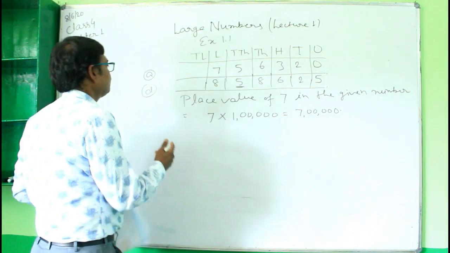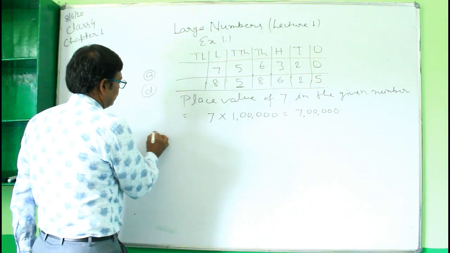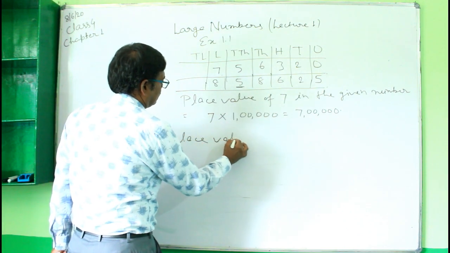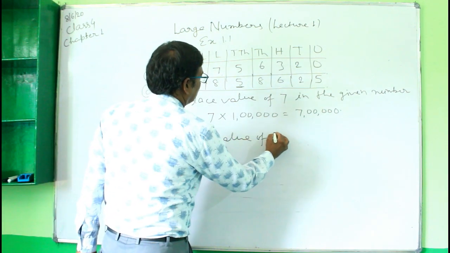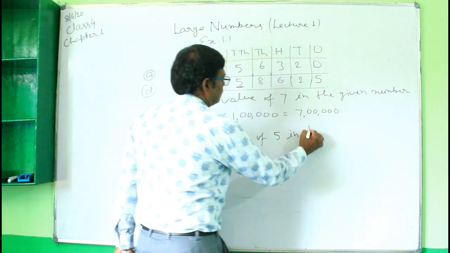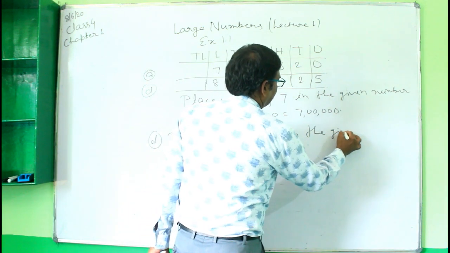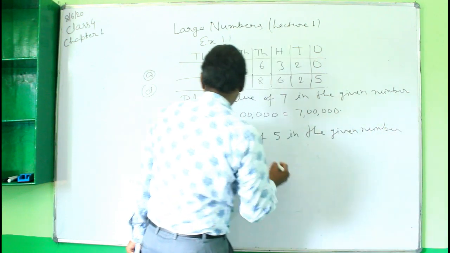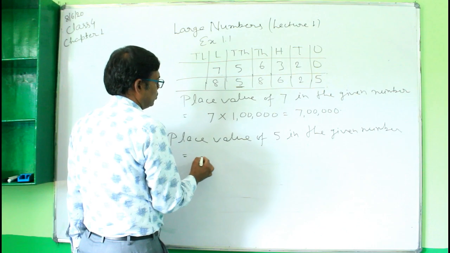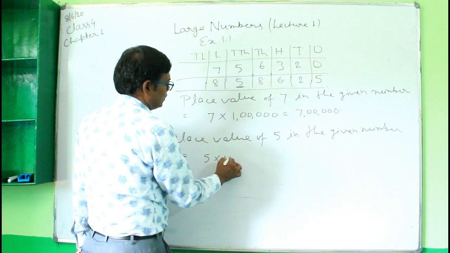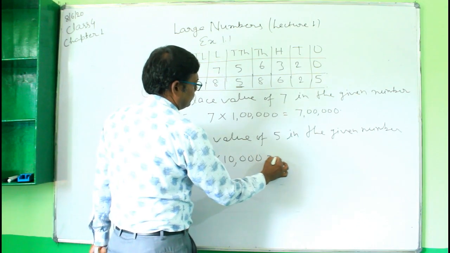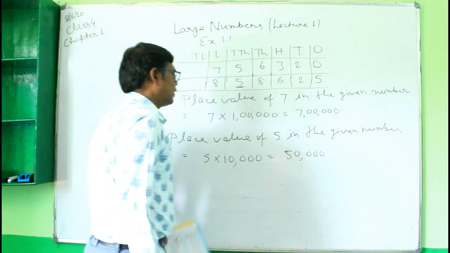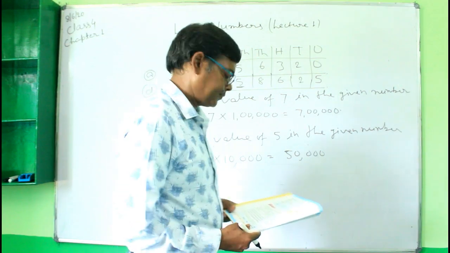So in this case of D, the place value of 5 in the given number is equal to 5 into 10,000. So this is the place value of 5.